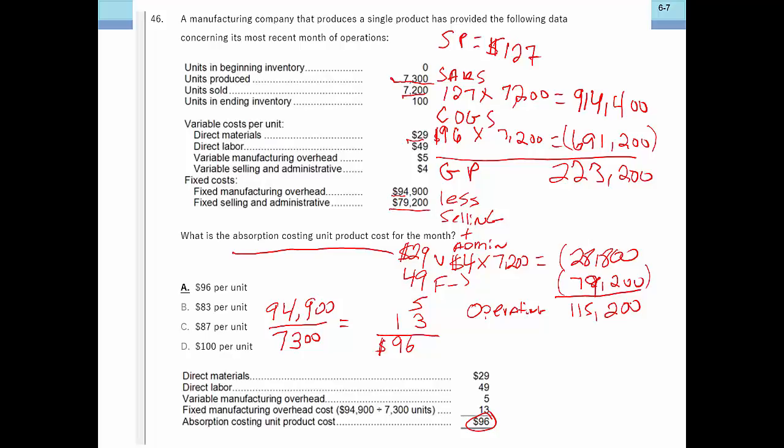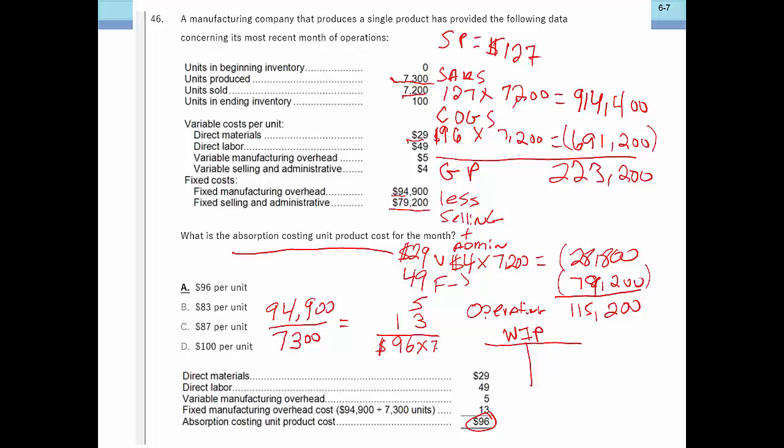So now we're going to see what happens if we do this. Before we do that, though, let's just follow through and understand what happened here. I'm just going to start at work in progress. My work in progress would have been $96 times how many units?